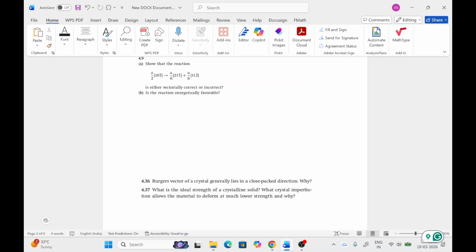So if we add these two terms, a by 6 of 2 1 bar 1 plus a by 6 of 1 1 2, the 2a by 6 and 1a by 6 will give 3a by 6, and 1a by 6 and 1a by 6 will be 2a by 6, and this will be minus a by 6 and minus 2a by 6 will be minus 3a by 6.